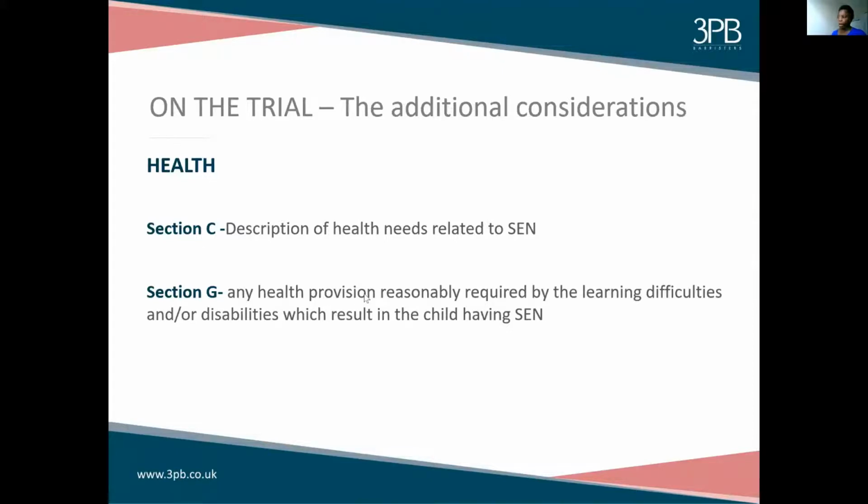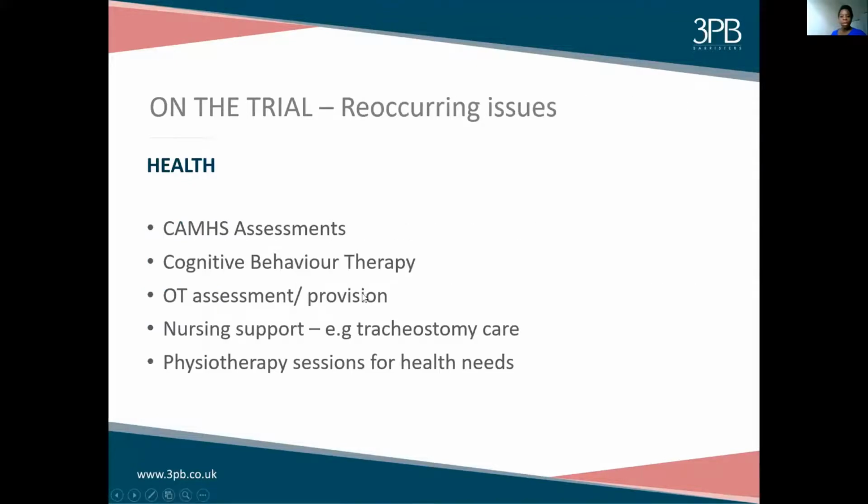So I come on next to some of the recurring issues in relation to health that have been happening within the tribunal. For example, there have been assessments from mental health services. So for example, whether they should be happening or how the recommendations from those reports should be put into practice.